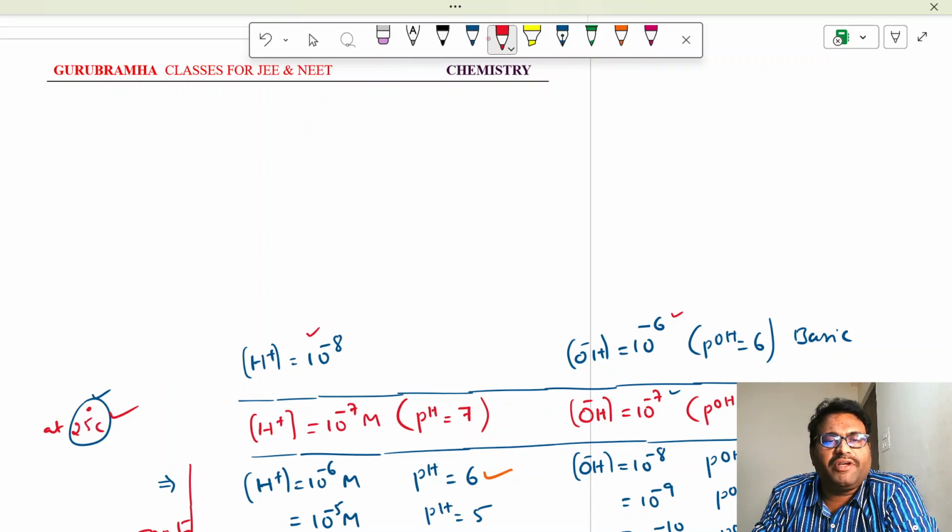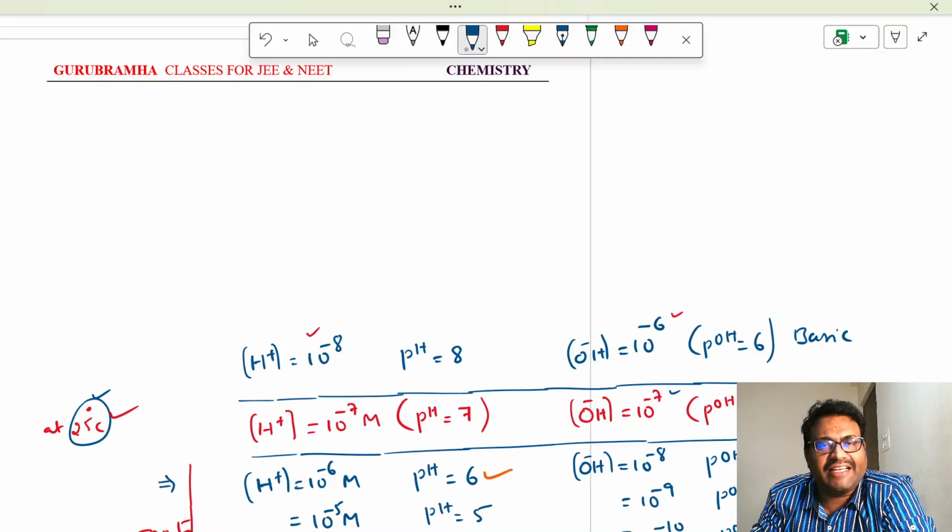So now what will be pH? pH is equal to 8. If pH is greater than 7, the solution will be basic.